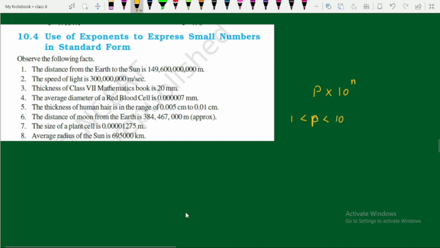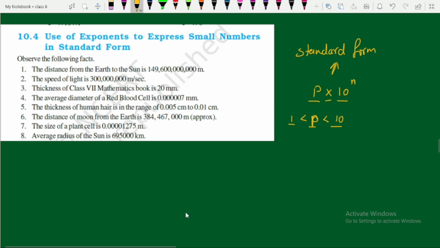So in this way we are writing in standard form, in the form of p into 10 raised to n. If you write the given number in this way, then we say it is in standard form.